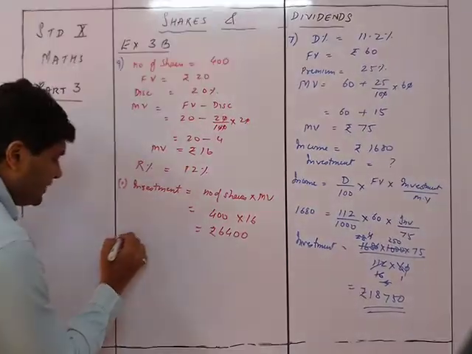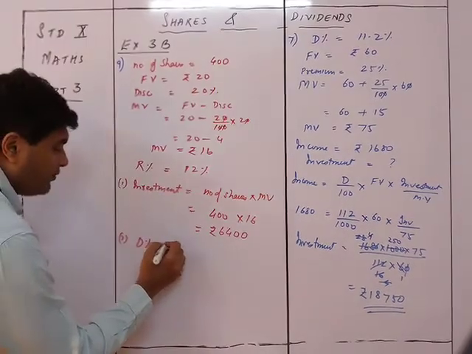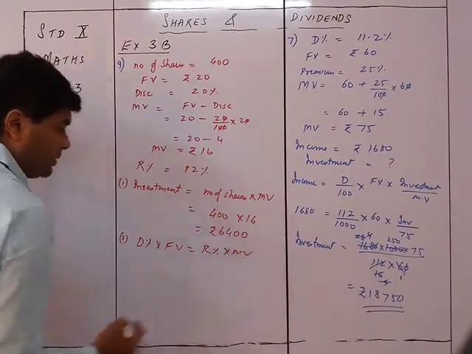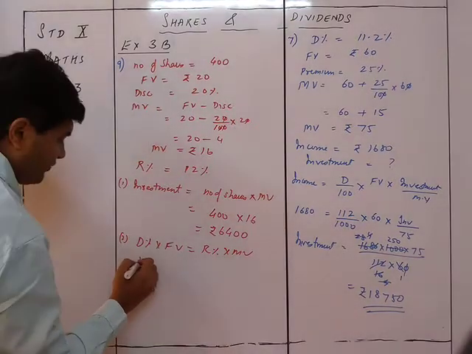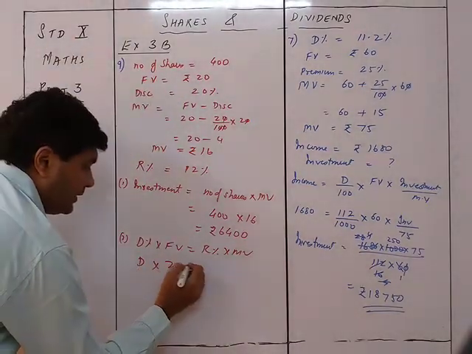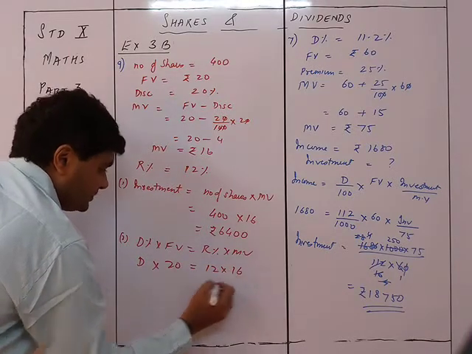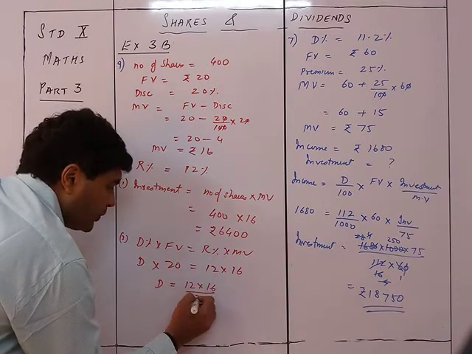The next one is the dividend percent. We know that dividend percent into FV is equal to return percent into MV. Dividend percent we need to find out. FV is 20, return percent is 12, MV is 16. So D is equal to 12 into 16 upon 20.